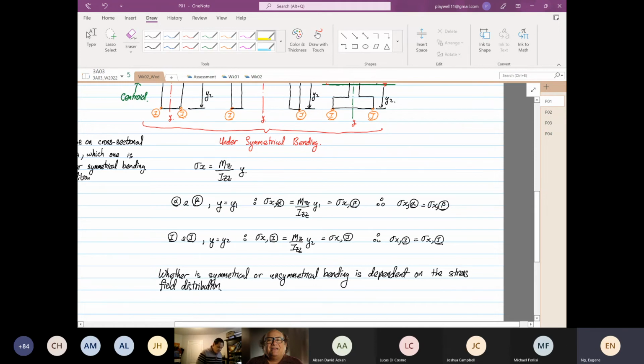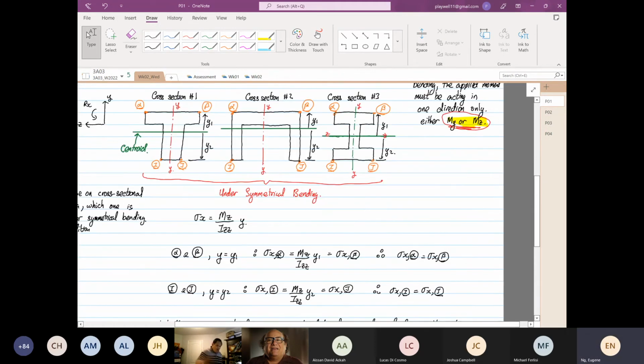So for this case, all of them are under symmetrical bending. Why? Because stress x at alpha is equal to stress x at beta, and stress x at point I is equal to point J, because they share the same y distance from the centroid. The formula to apply is stress x equals Mz over Izz multiplied by y.